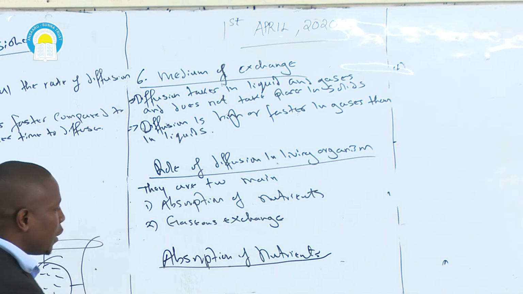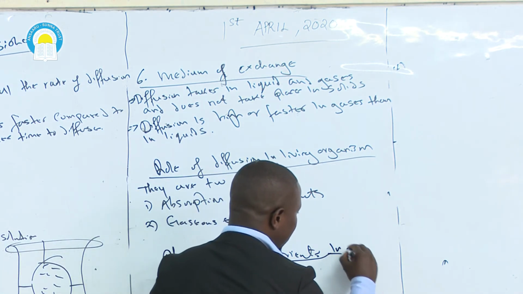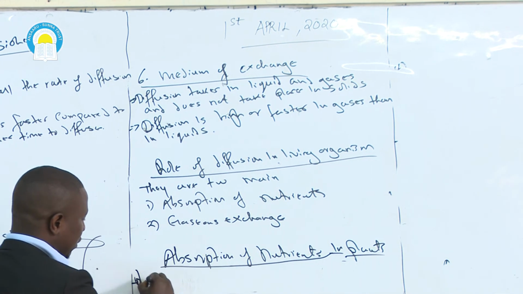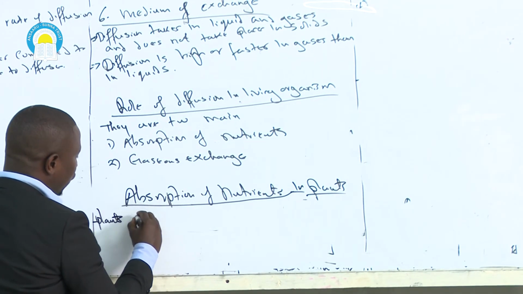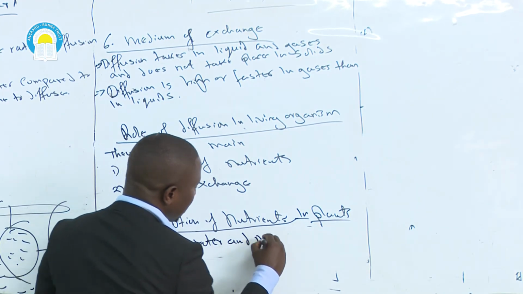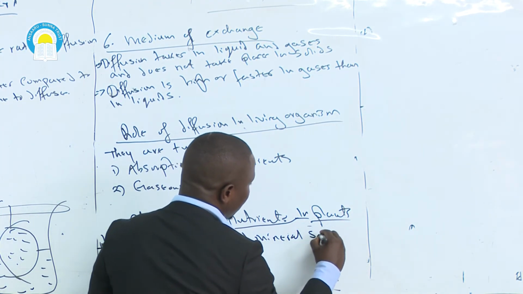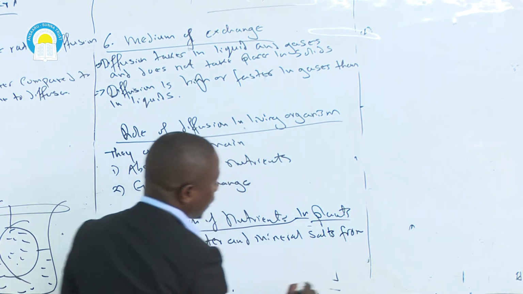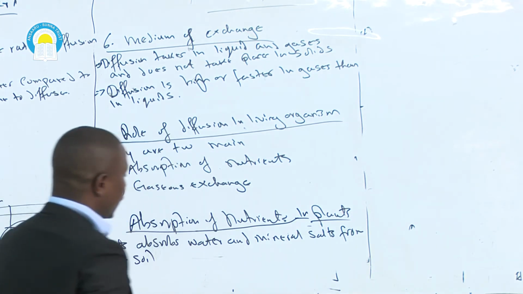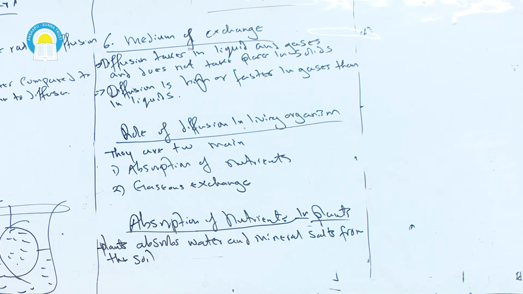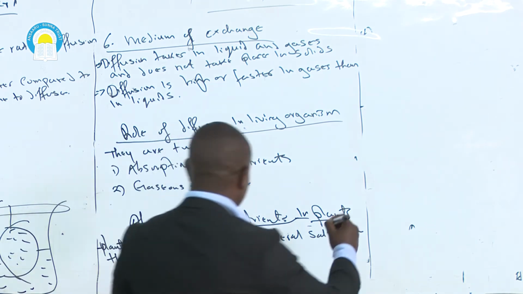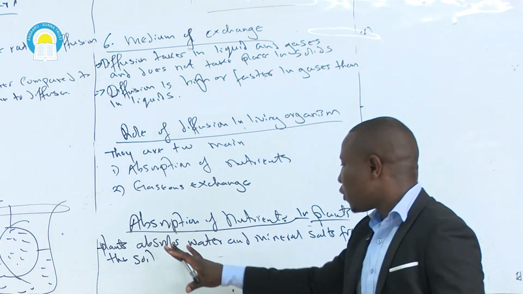So, absorption of nutrients in plants. In plants, we are being told that plants absorb water and mineral salts from the soil. And in humans, that is absorption of what?